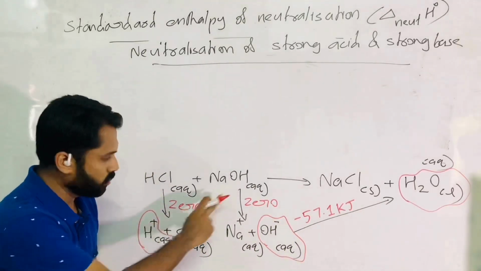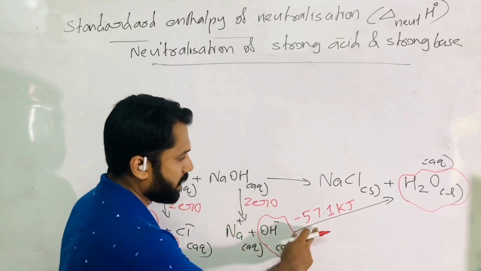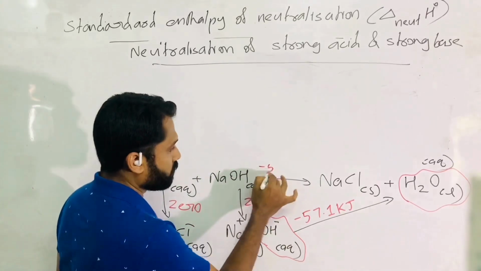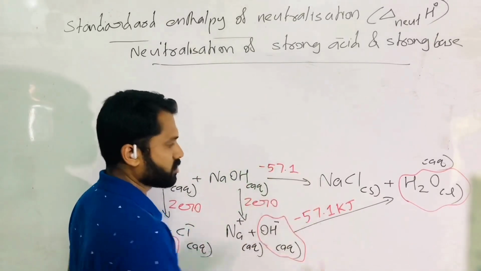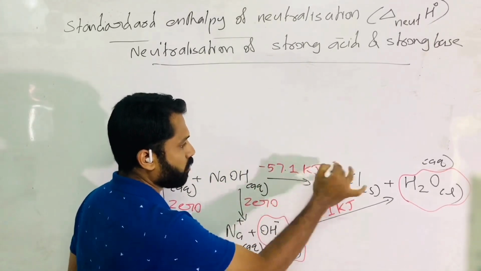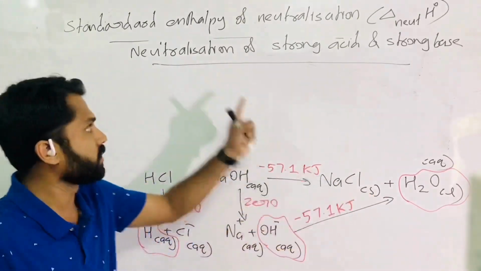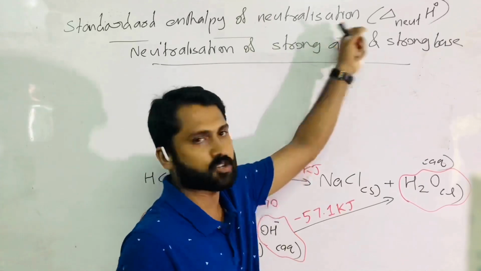This value is 0, this value is 0, this value is minus 57.1. According to Hess's law, the enthalpy of the total reaction will be minus 57.1 kilojoule. That is the standard enthalpy of neutralization of strong acid and strong base.